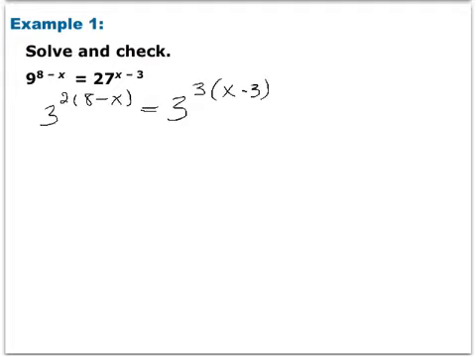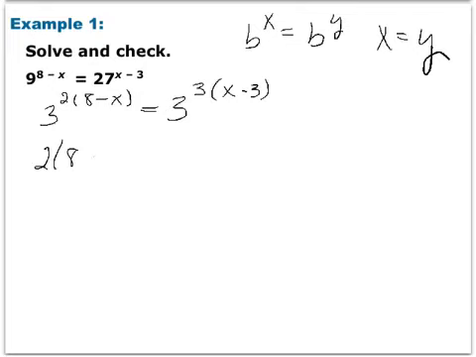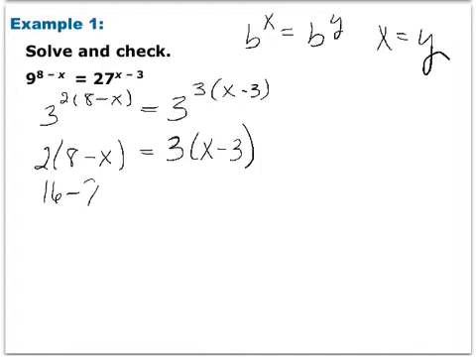So now I'm going to have the same base, in a sense, that first example, b to the x equals b to the y, therefore x equals y. So I can just say 2 times (8 minus x) equals 3 times (x minus 3). Do some distribution, 16 minus 2x equals 3x minus 9, and solve for x.